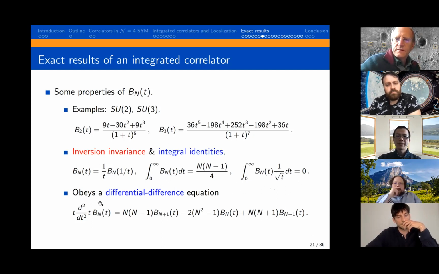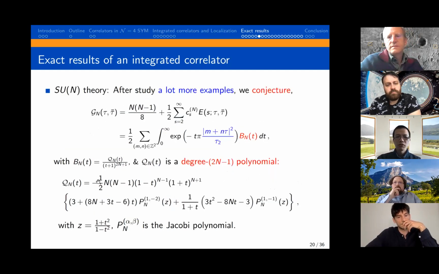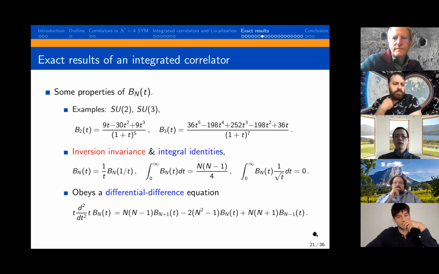Probably most importantly, although it also looks a bit random, it obeys a simple differential and difference equation, namely relating B_n with B_{n+1} and B_{n-1}. Why is this important?